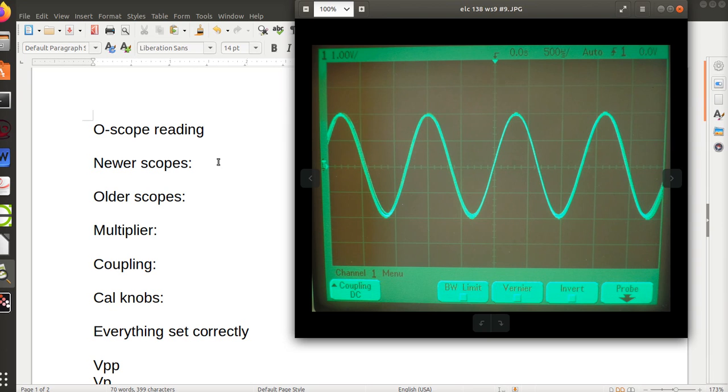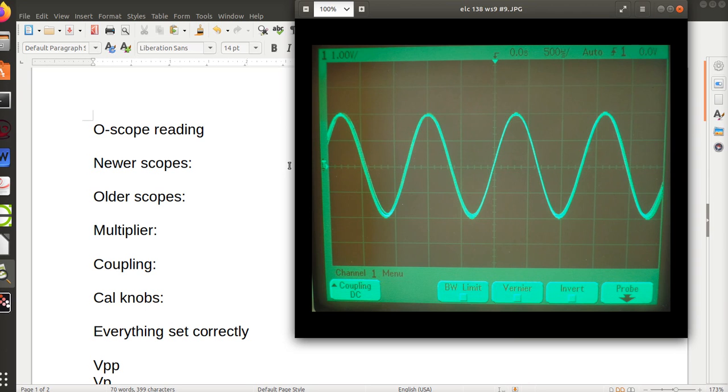So newer scopes, the display is usually in the window. If you know to look for that and you see what the display setting is, then you can actually tell what the waveform value is in terms of voltage levels and frequency.